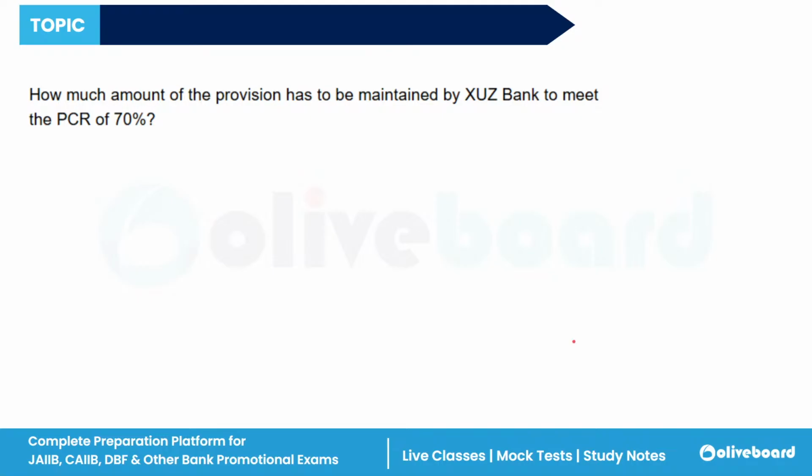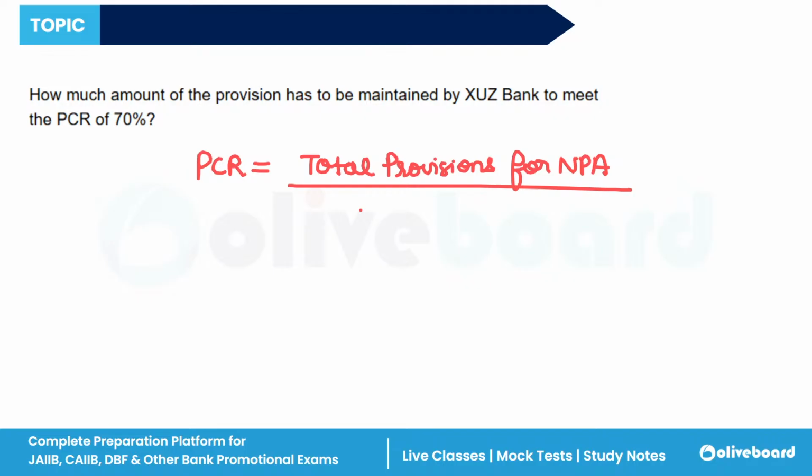How can we calculate this PCR? PCR is equal to total provisions for NPA account divided by gross NPA, multiplied by 100.